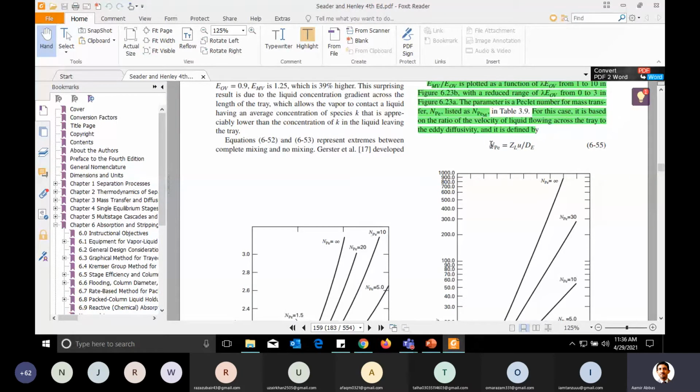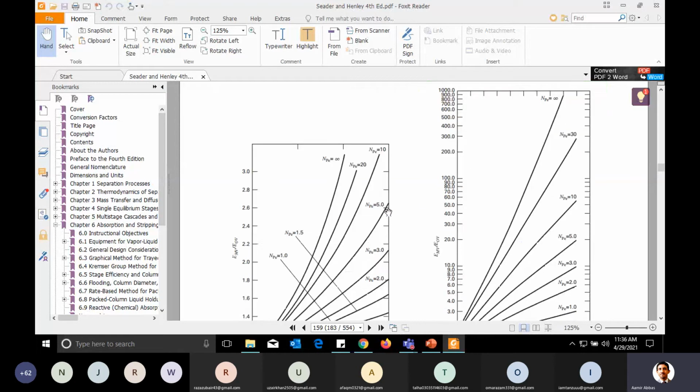And when the Péclet number is increased, we already discussed a few minutes back that if you increase the length of fluid flow across the tray, in those cases the complete mixing assumption doesn't remain valid, complete mixing will not be taking place, and the difference between EMV and EOV will keep on increasing.